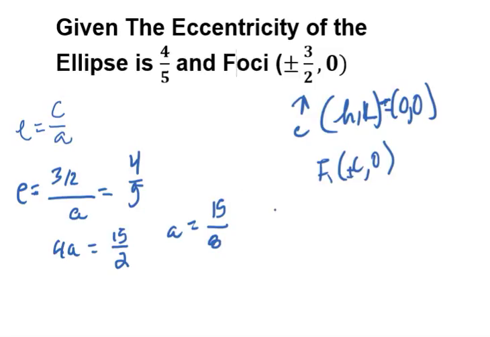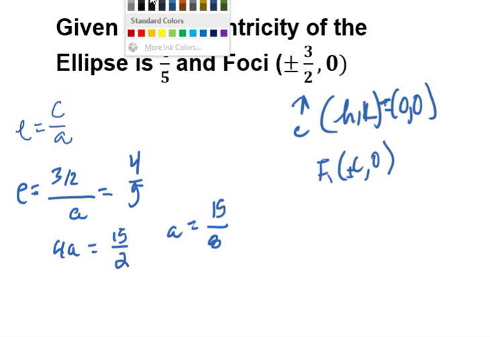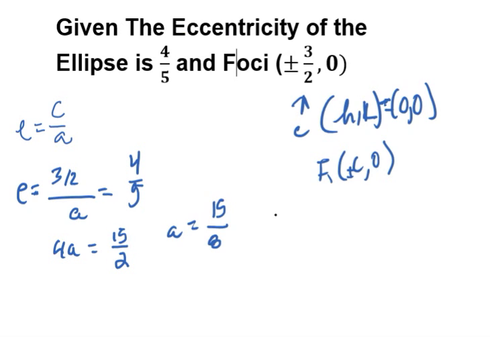Well, what do we know about the relationship in these three variables here? Well, we know that C squared is equal to A squared minus B squared. Now, we want B. To make it easier for us when we actually have numbers in here, let's go ahead and solve this equation for B. So let's add B squared to both sides here.